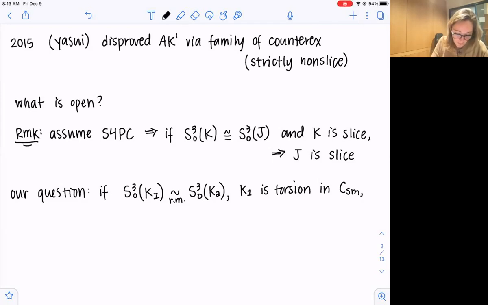And then I further require that my knots be slice in a different category. I'm going to say that they are rationally slice, and I'll define that for you also. This is a definitively weaker condition than smooth sliceness.